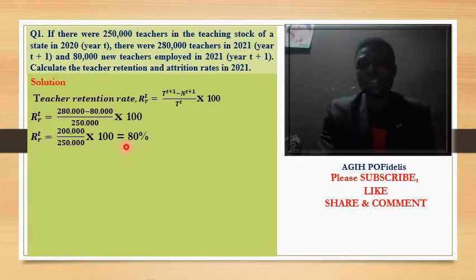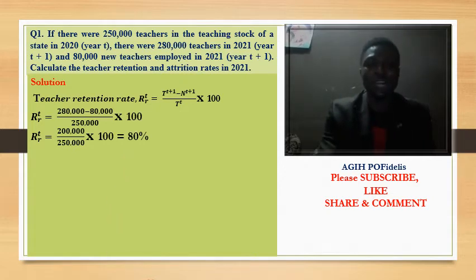We can actually express this in decimal by leaving it at 80 over 100, and that will give us 0.8 in decimal. So it means that the school has a retention rate of 80%.